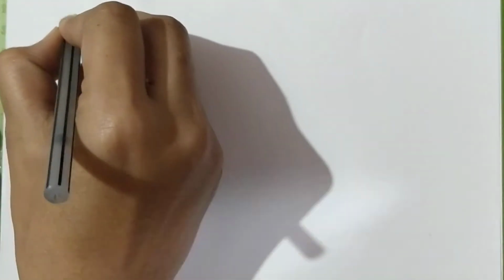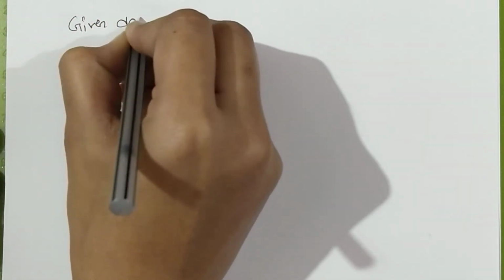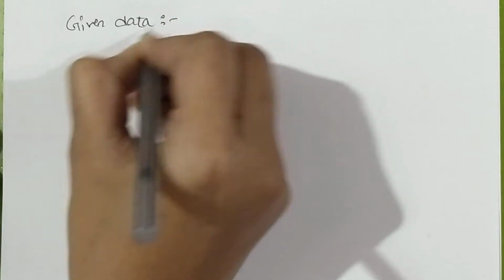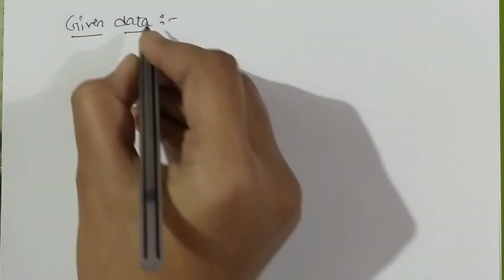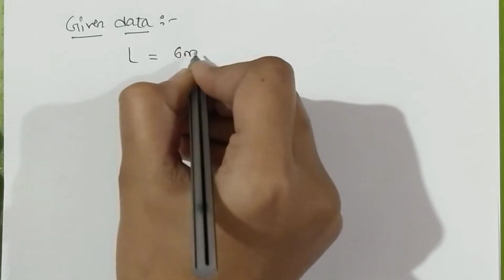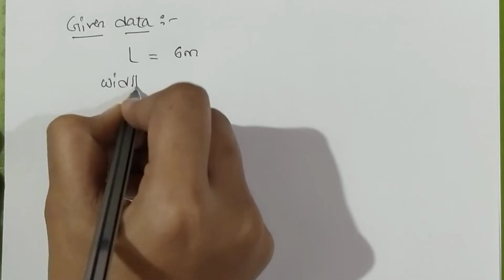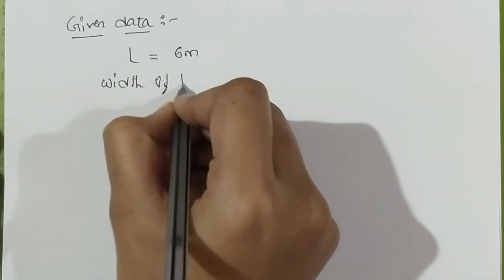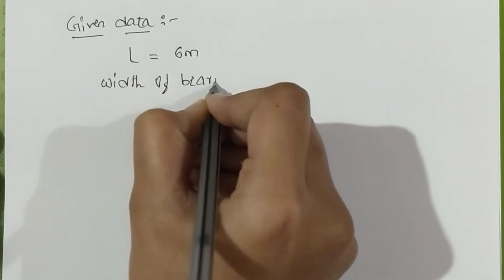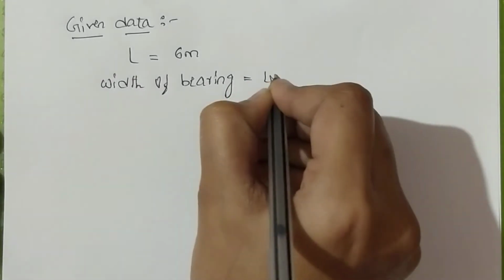First write down the given data. The clear span they have given, that is L, 6 meter, and the width of bearing they have given equals 400 mm.